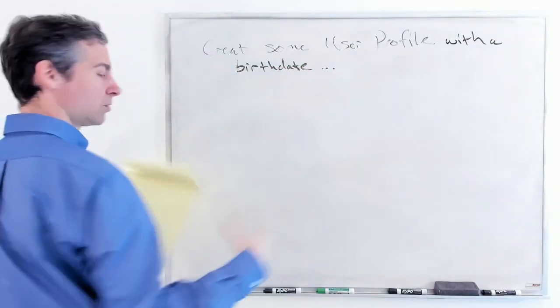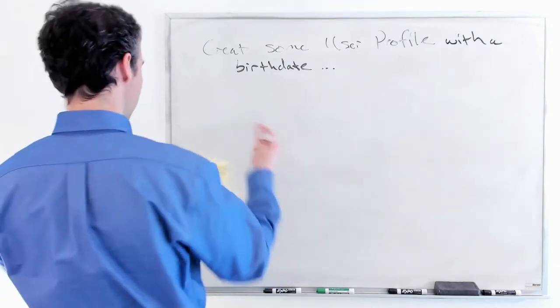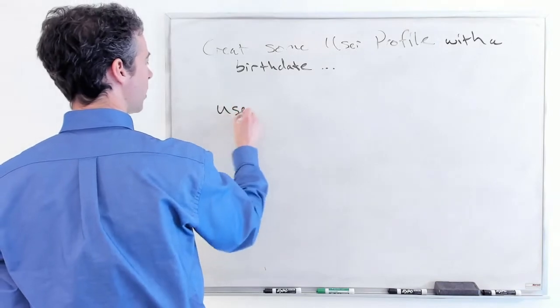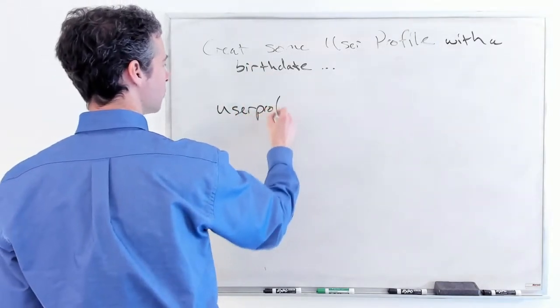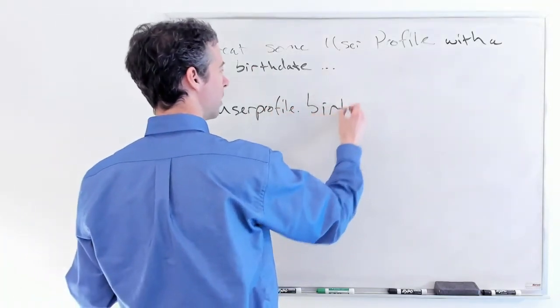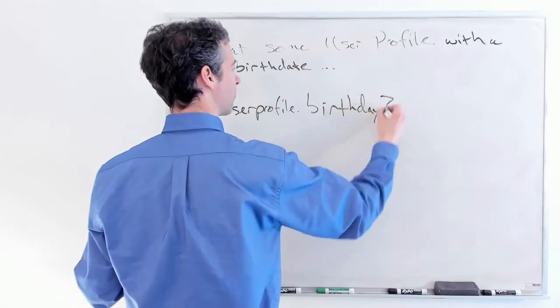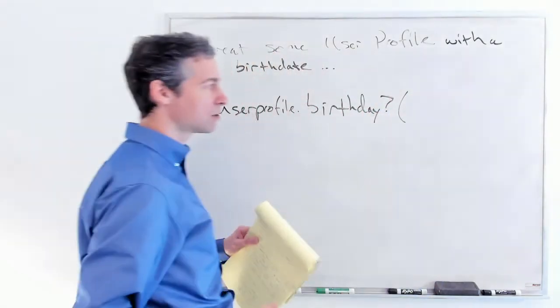Then all you're going to do is set up in your test, I want to test this with a certain date. Let's say we had it in some variable, user profile, just for the heck of it. We're going to call birthday on it, and all we need to do is send in the date that we want to check.